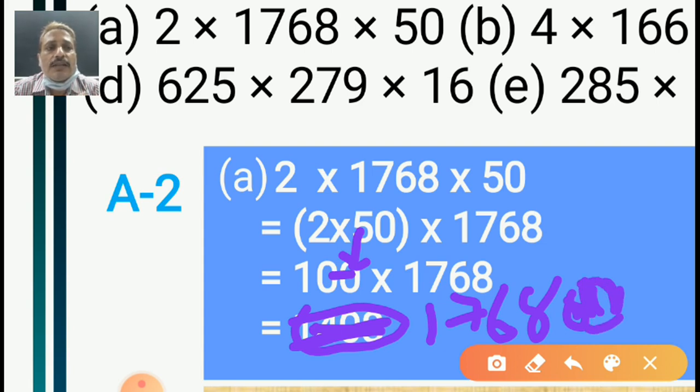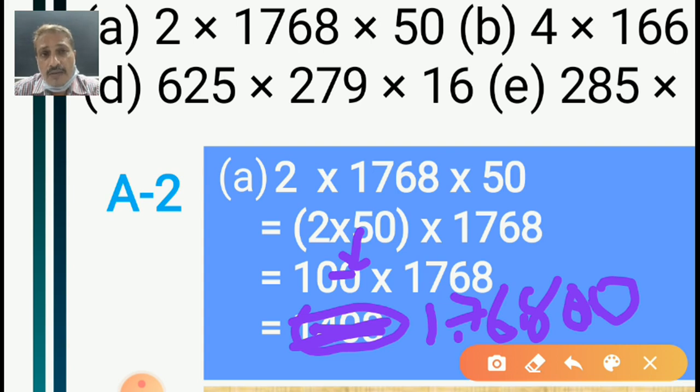How to write 2 zeros here? 1 and second 0 is here. This is not 6, this is a 0. What is the answer, student? Yes, comma. 1,76,800. Oh, such a big answer.